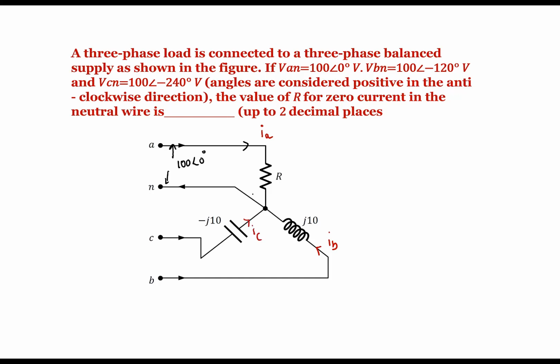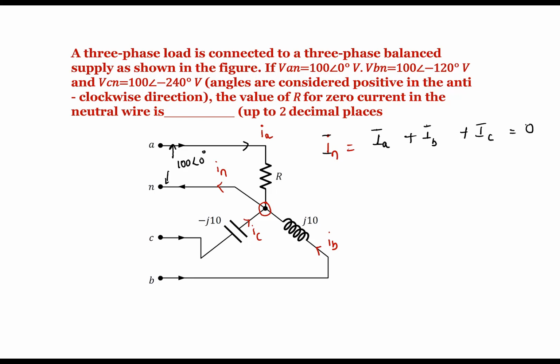So if you apply KCL at this node, you're going to get IA plus IB plus IC equal to IN. Since they are phasors, we write capital letters. So IN is equal to IA plus IB plus IC, which he's telling is 0.